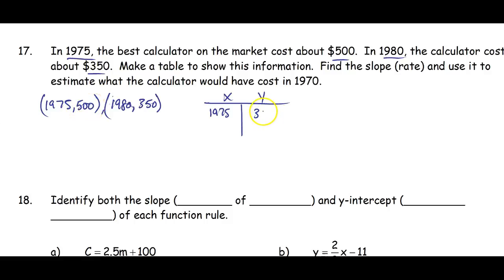Okay, 1975 and 500. And 1980 and 350. Okay, let's find our changes. So here you're adding 5. Here you're going down 150. So we have our slope, negative 150 over 5. So our answer here is negative 30.